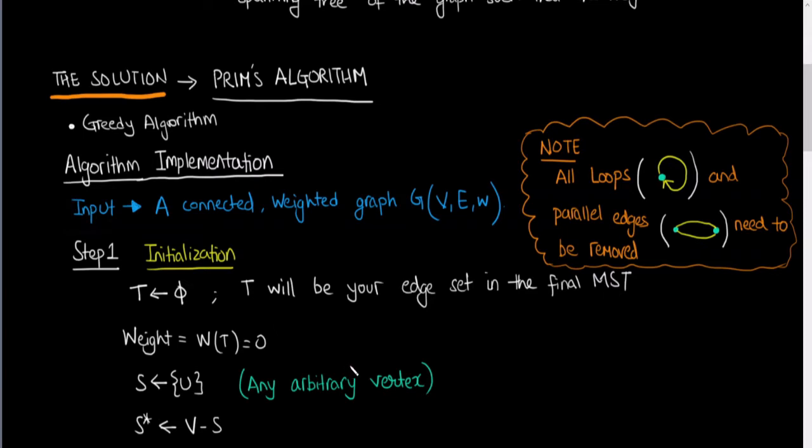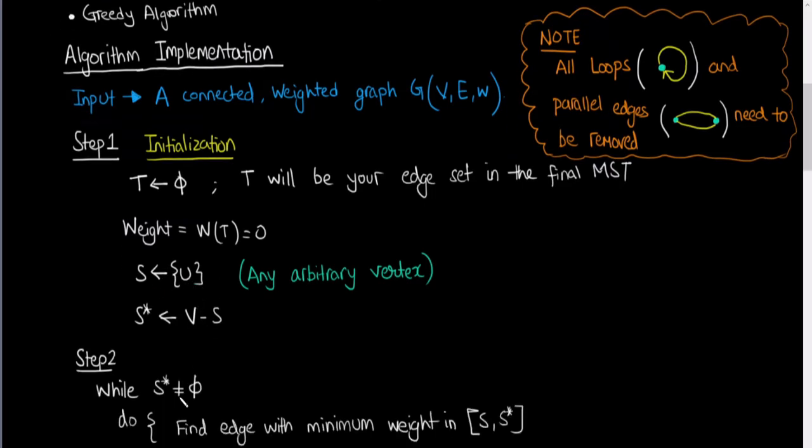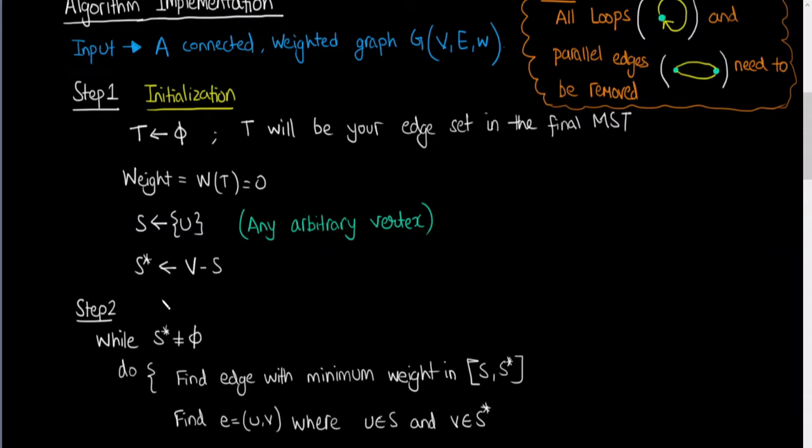The reason is that since it will be a spanning tree, at some point every vertex has to be covered, so it doesn't really matter which vertex you start off with. Just choose one arbitrary vertex and proceed. Another set, S star, is the set of vertices V minus S, so your vertex set minus all the vertices present in S. That's the initialization step.